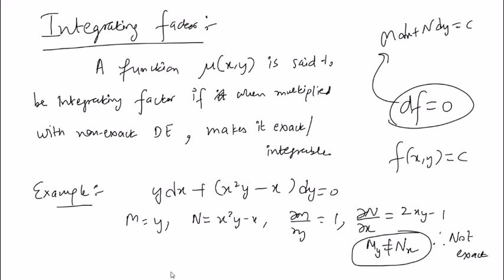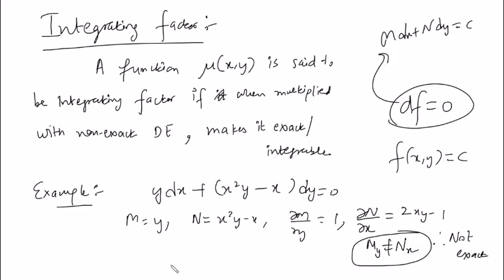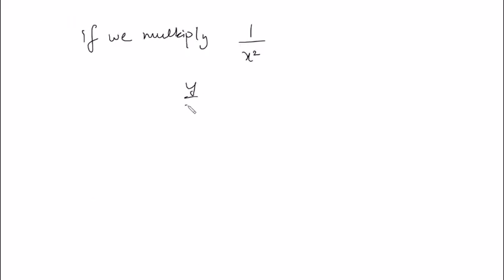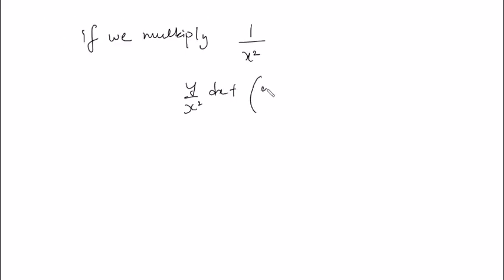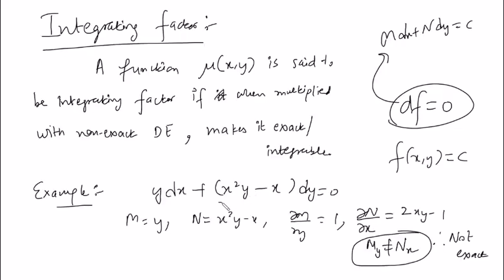Say if we multiply 1 by x square, you multiply the complete differential equation with 1 by x square. What is going to happen? y by x square dx plus, this is the factor, x square y minus x.